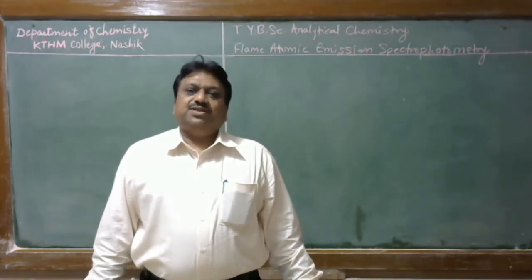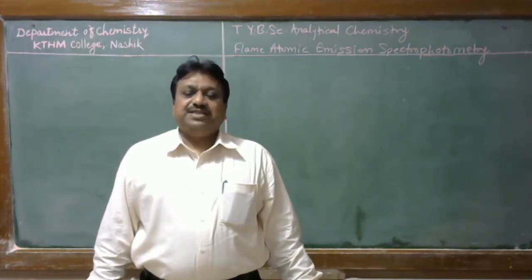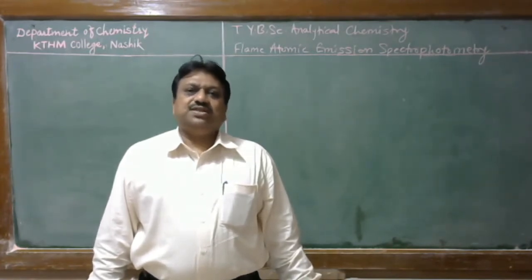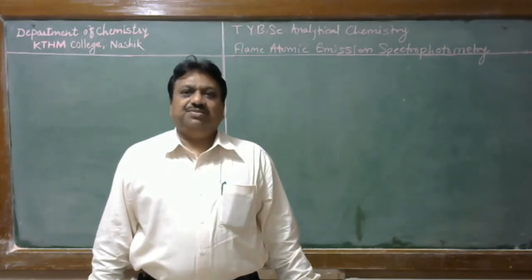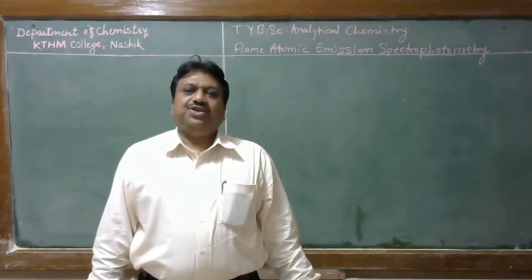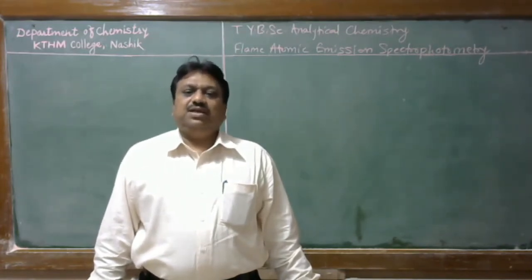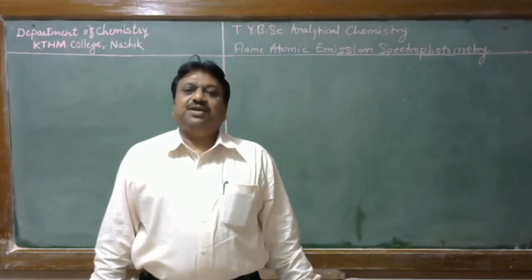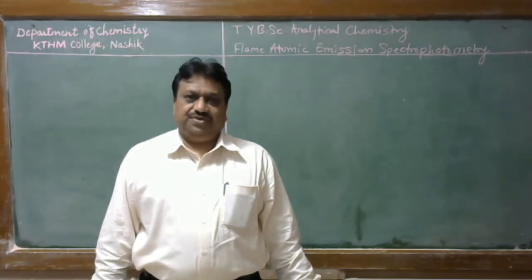Student, in the previous lecture we discussed the analytical principle of flame atomic emission spectroscopy. Furthermore, we discussed the emission spectra, how it occurs. We also discussed the resonance line on the emission spectra and the application of the resonance line in the determination of different elements which are atomized by using a flame temperature.